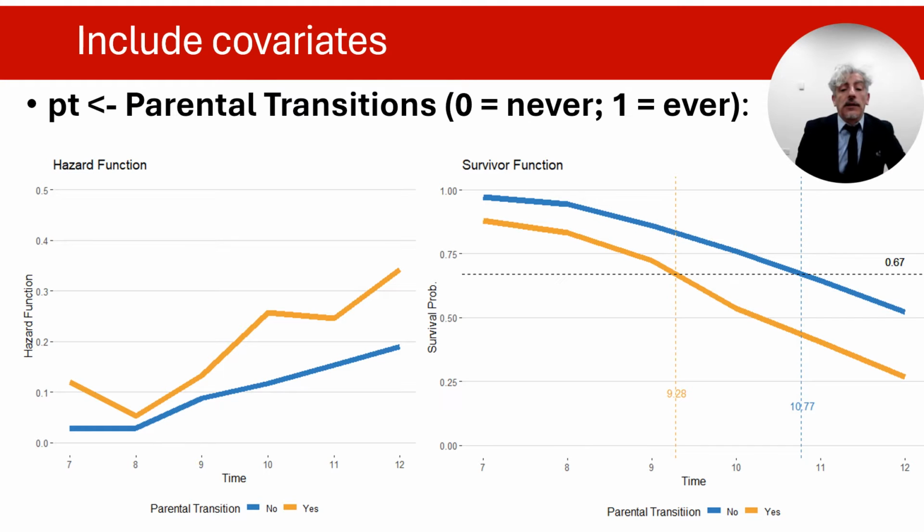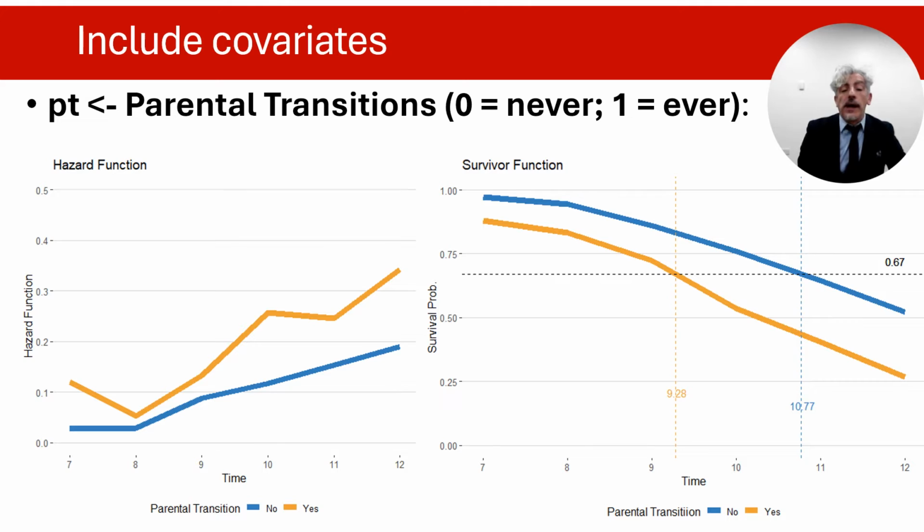Note here that the order of the two curves is reversed when we compare hazard and survival functions. Since those with parental transitions are more at risk when we consider the hazard function, they are also less likely to survive when we look at the survival function. That is, they are less likely to avoid the target event. So in this case, then, we can see that the cumulative effect of parental transition is quite pronounced.